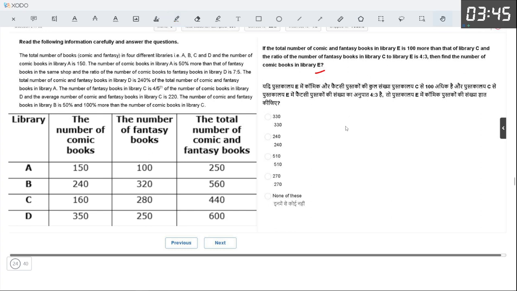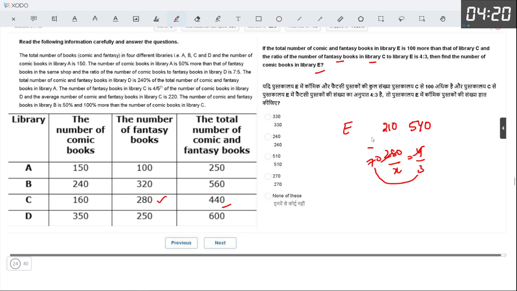So it's given that in E, comics books and fantasy books are 100 more than that of library C. That means here 440, 100 more means 540. And the ratio, number of fantasy books of library C. Fantasy books will become 17.